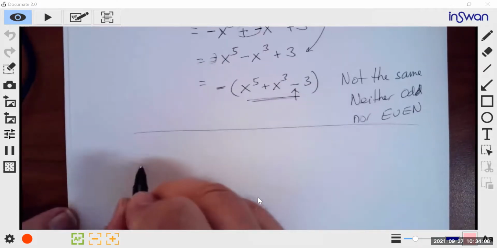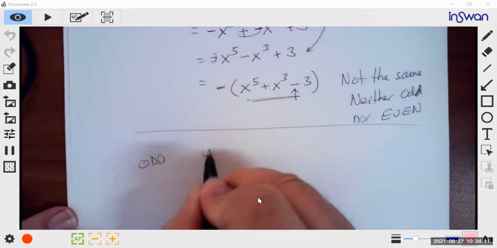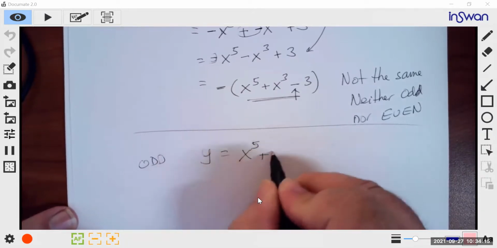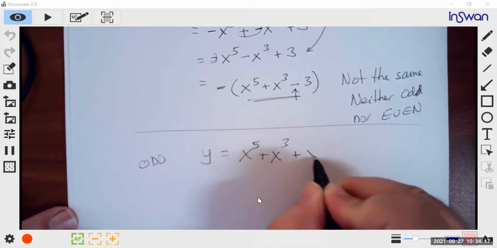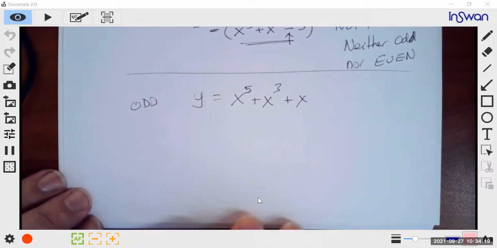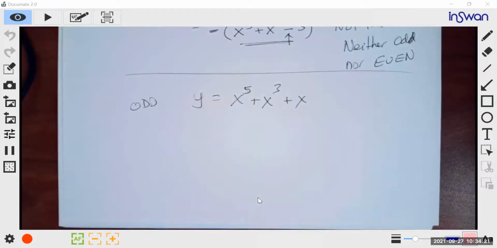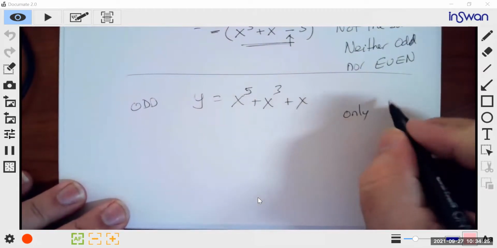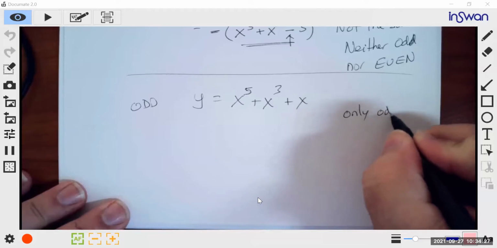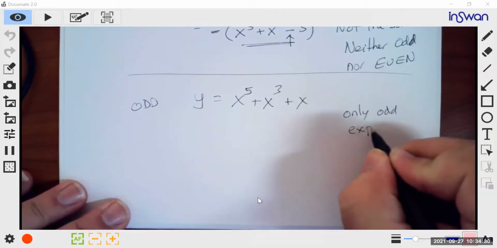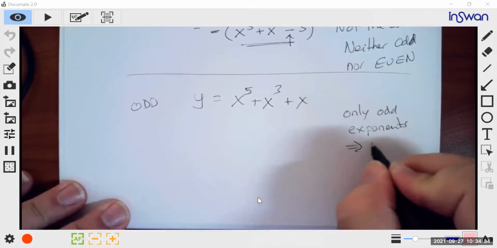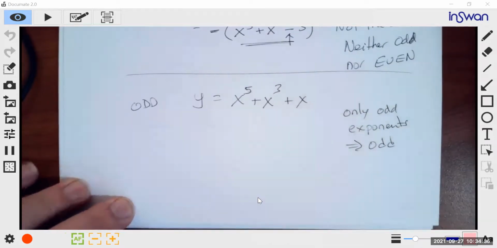An odd equation only works if you have only odd exponents. Then it's an odd function.